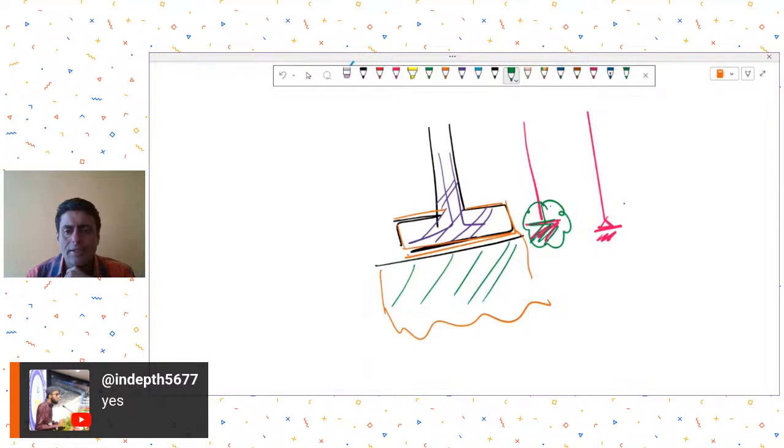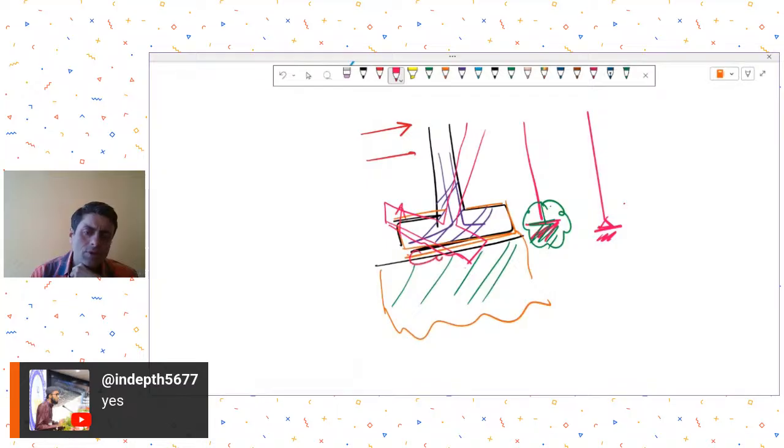Now there is another viewpoint also that, let's say, under the effect of wind loads or lateral loads, momentarily there is a rotation that you have allowed. Why rotation? Because you are allowing, let's say, uplift in some portions of your footing under wind loads or lateral earthquake loads, and under some portion of the footing there is a downward bearing pressure.